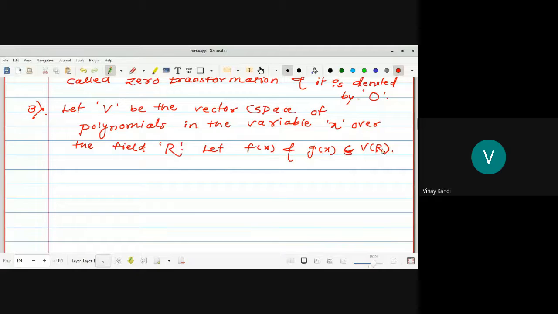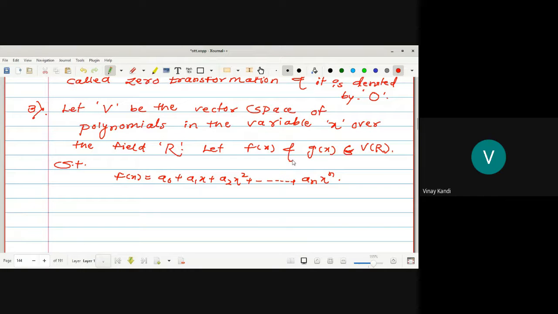What is V? V is the vector space of polynomials. So what will be each element? A polynomial, such that the nature of f of x must be a naught plus a1x plus a2x square plus, and so on, up to an x raised to n.